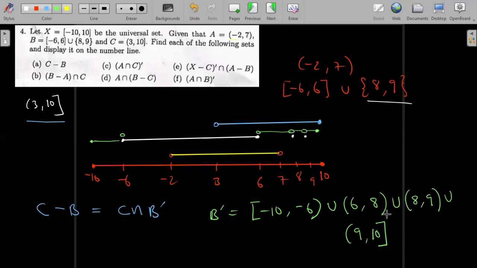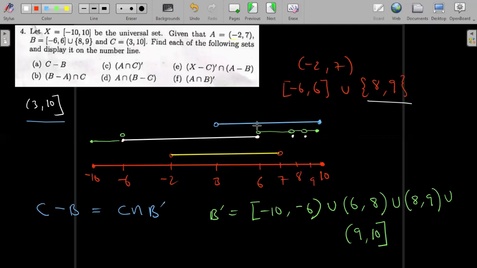Okay, so having found our B complement, they're telling us our focus is C intersect B complement. What is our set C? Our set C is this one in blue. What we must check is where this blue set intersects with the green set.